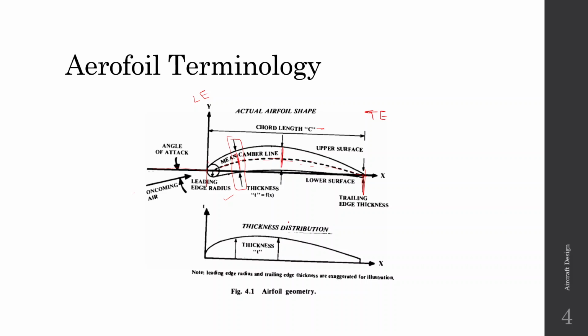The thickness is obviously variable with the distance along the aerofoil. So you can see over here that the thickness is a function of the distance along the aerofoil. And if the air is coming like this, then the angle between the chord and the oncoming air is the angle of attack, alpha. So this is basic airfoil terminology.